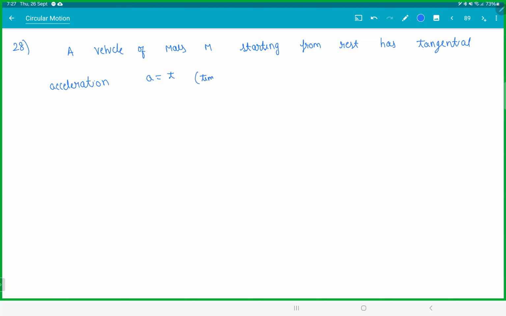Now your acceleration is not constant. So I'm messing up the tangential also now. Find the speed and distance traveled in time t.